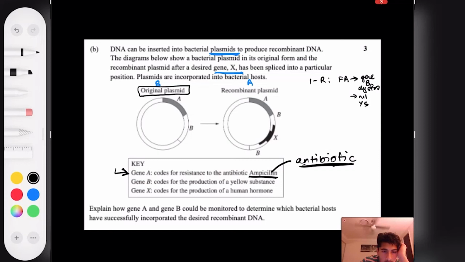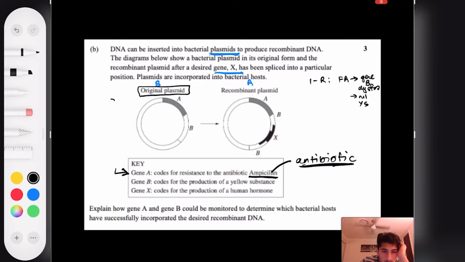Recombinant DNA. No, not really. See, it's structured like a recombinant DNA question, but it's not really testing much about recombinant DNA. Do you guys have to mention restriction enzymes here? Do you have to mention electrophoresis? No. So obviously it's not really testing recombinant DNA. What is it actually testing?